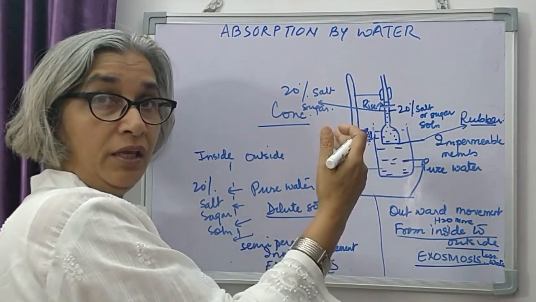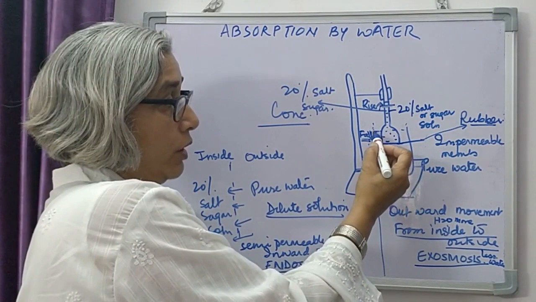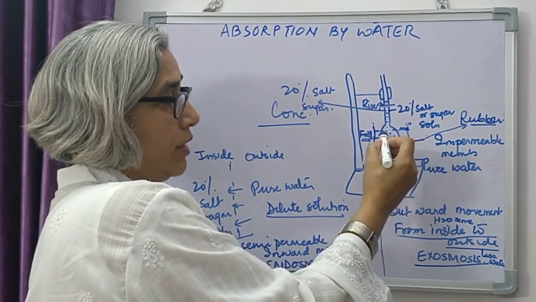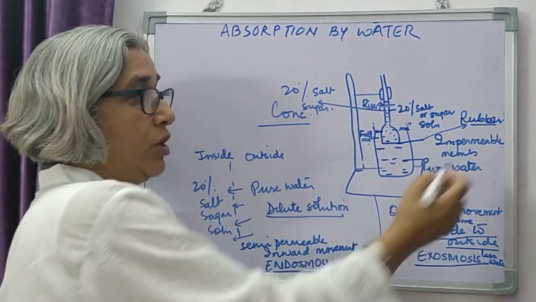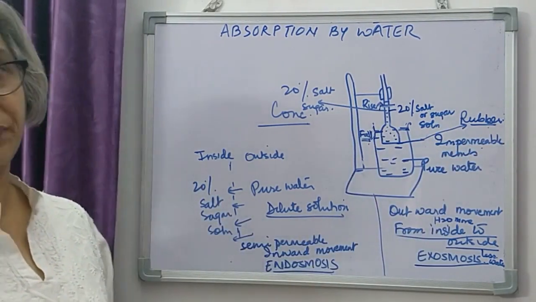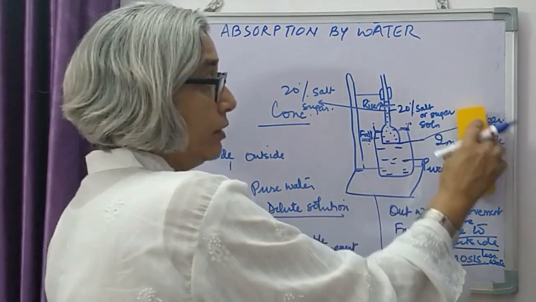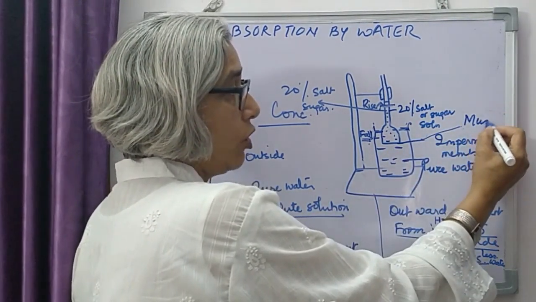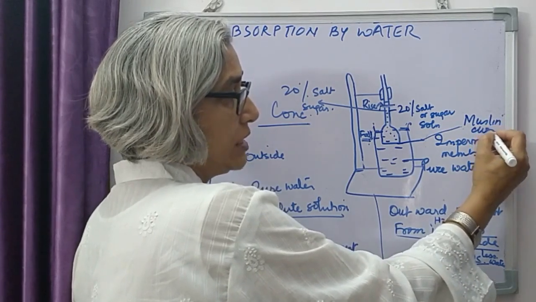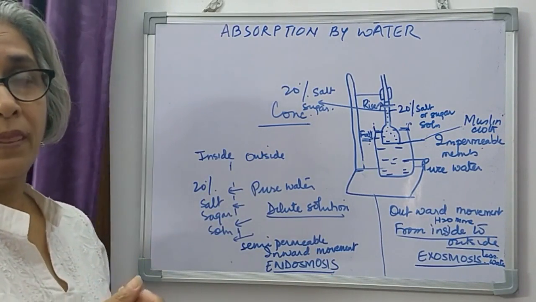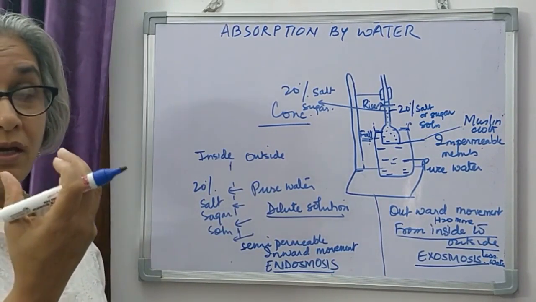That was in the beginning. And the level of water here in the beaker will also remain the same. There will be no change in level because rubber is impermeable in nature. Now, instead of a rubber membrane, if we use a muslin cloth, what is muslin cloth? Malmal ka kapda, a very thin material which is porous.